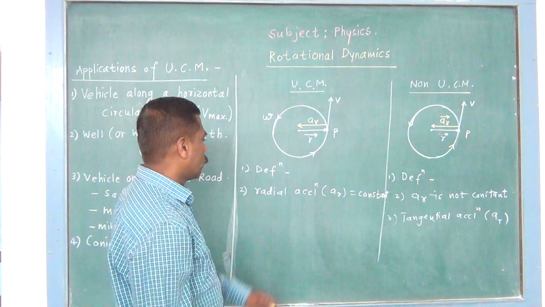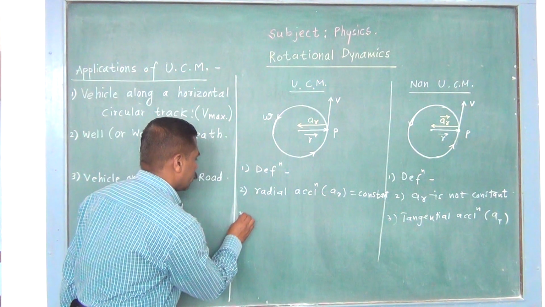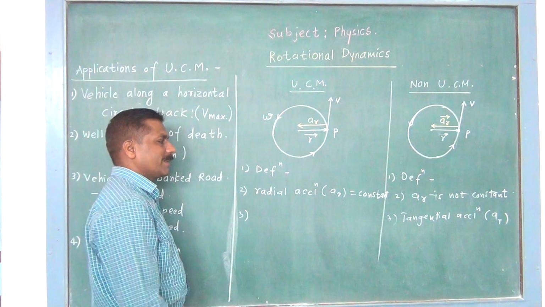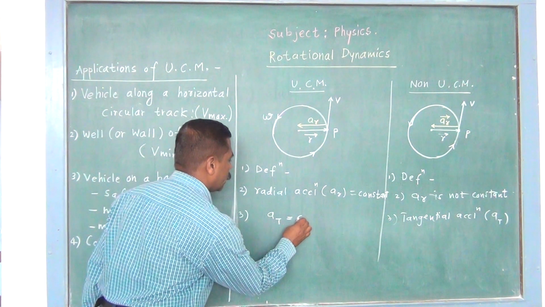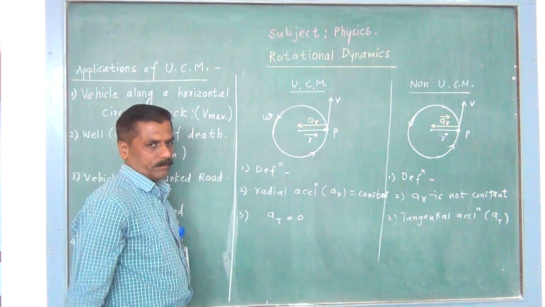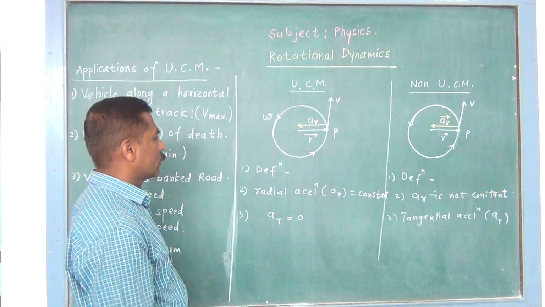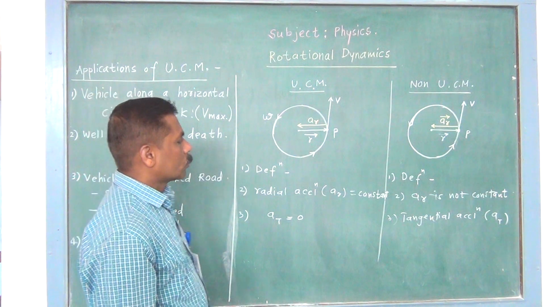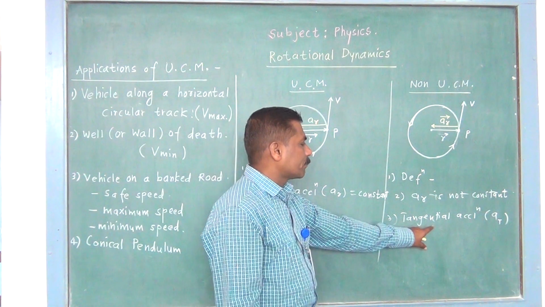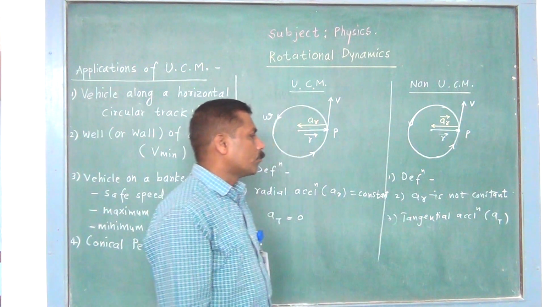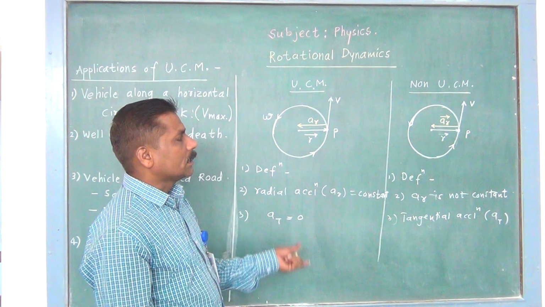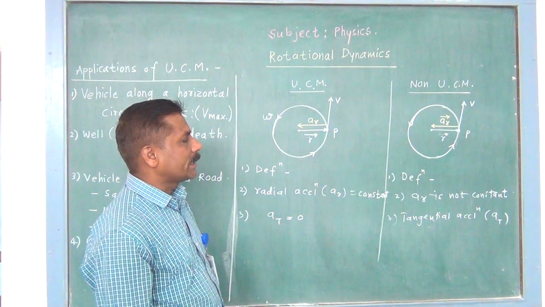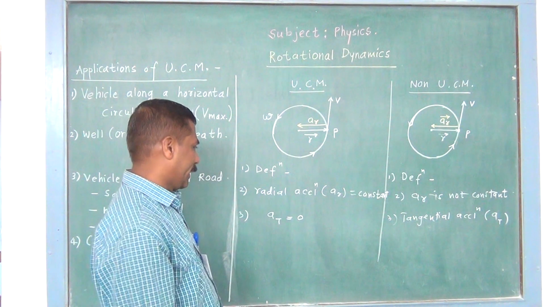And we know, in case of the uniform circular motion, this tangential acceleration is 0. So because of the variable speed, you can observe one more acceleration, the tangential acceleration, in the direction of tangential velocity or opposite to it.